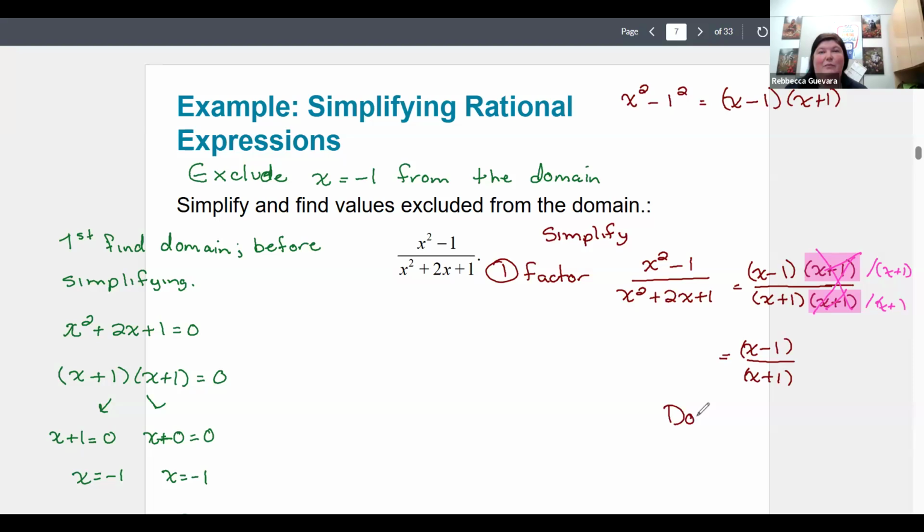And if you check this one, once again, we would see the domain is all values except one we have to exclude. We still have to exclude x equals -1.